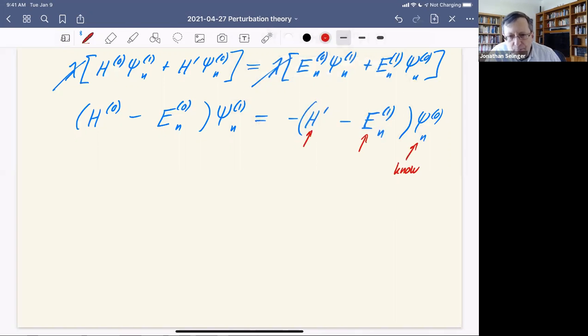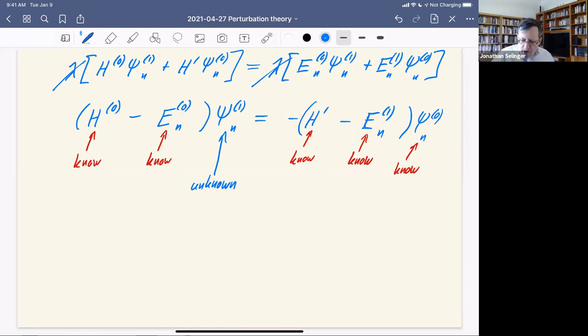That's what we found yesterday. We know the unperturbed Hamiltonian. We know the unperturbed energy eigenvalues. So these are all things that we know. What we don't know, what we want to find, is this guy. That is, what is the change in the energy eigenfunctions?